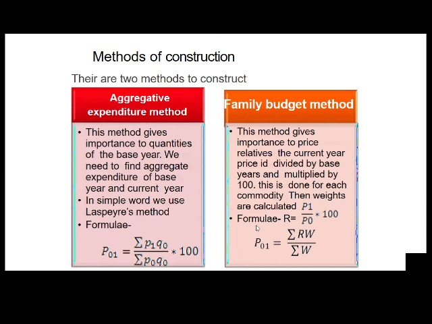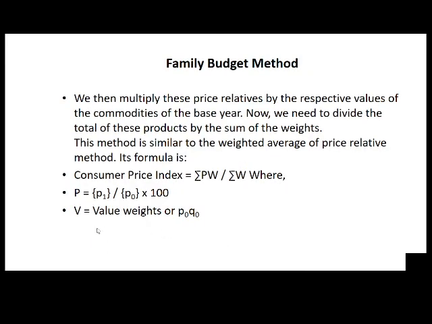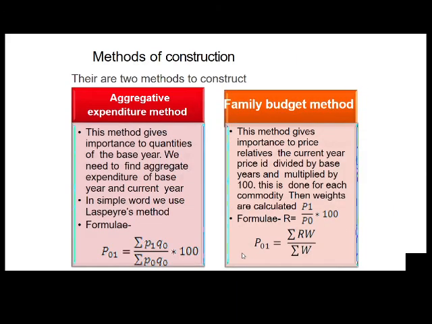R is P1 divided by P0 into 100. P01 equals sigma RW divided by sigma W. R means P1 divided by P0 into 100, and W means weight. Weight is nothing but, as I said in the previous session, P0Q0.